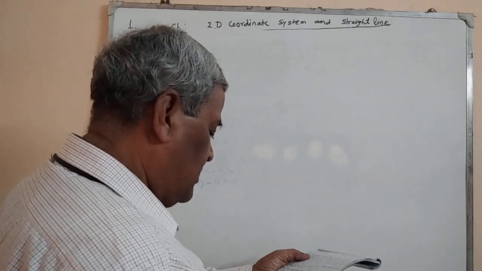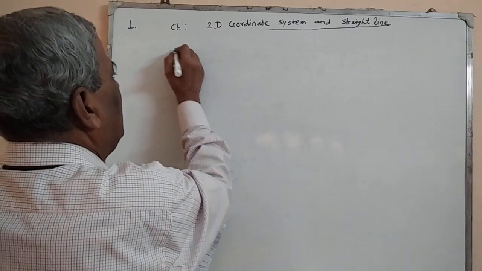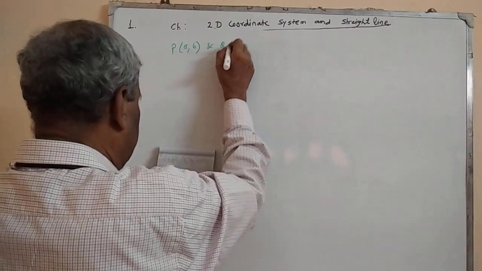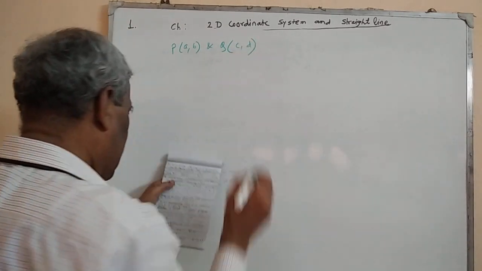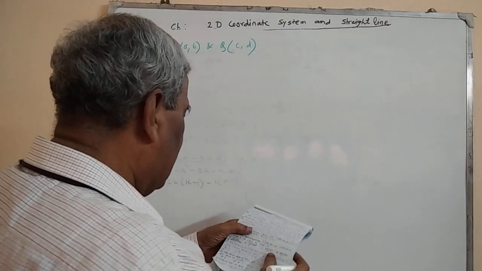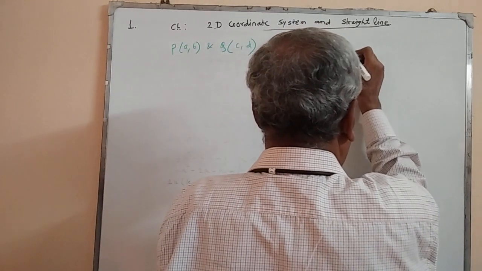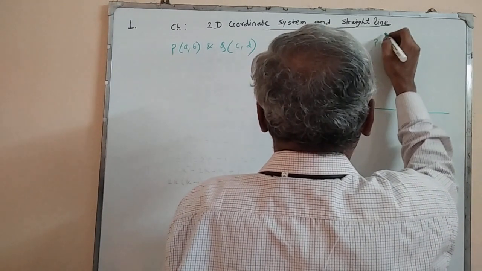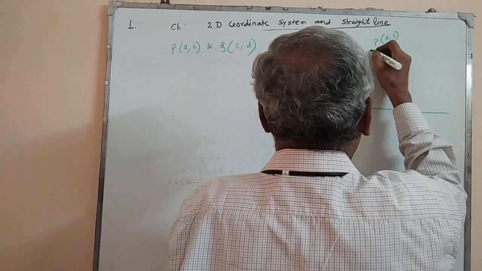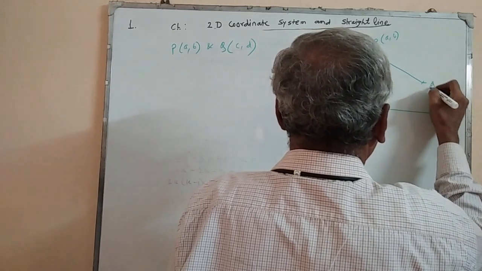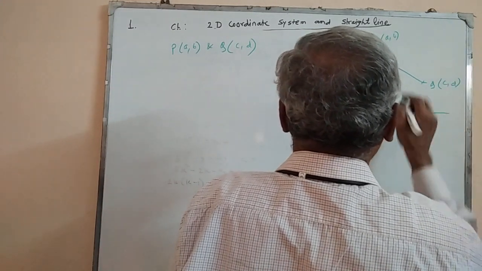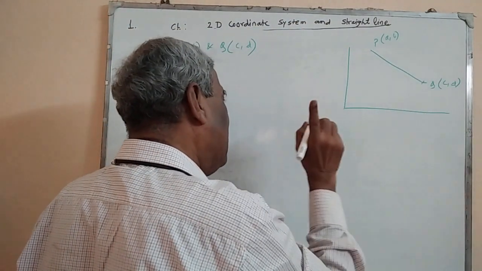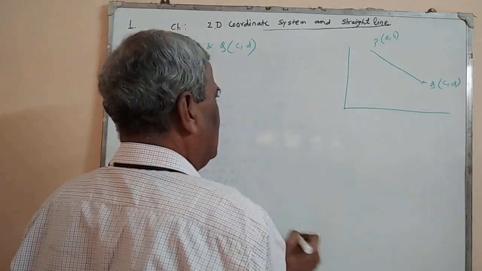The line segment joining P(a, b) and Q(c, d) subtends an angle theta at the origin. This is P(a, b). This is Q(c, d).